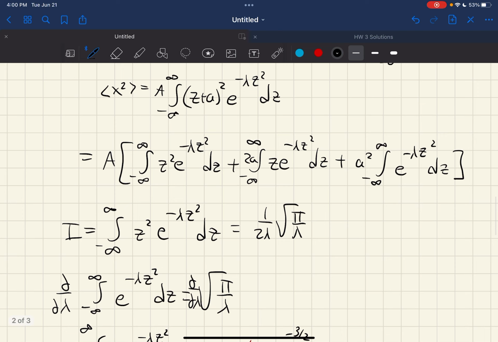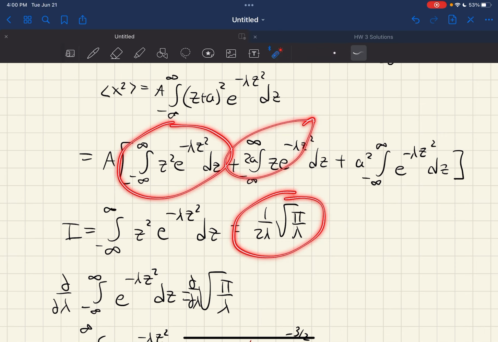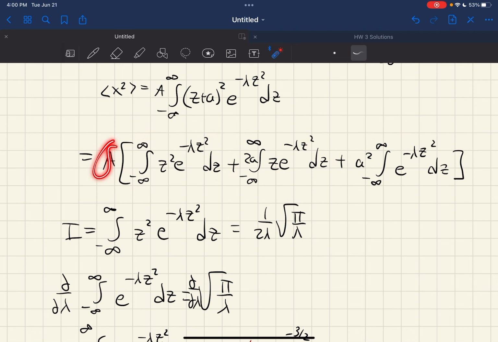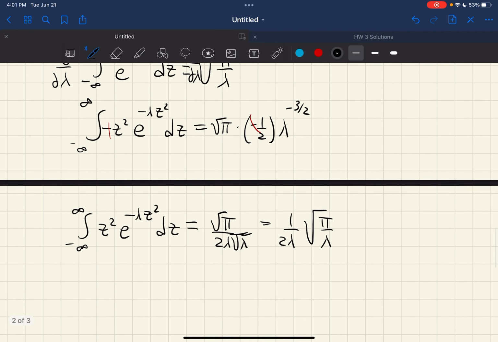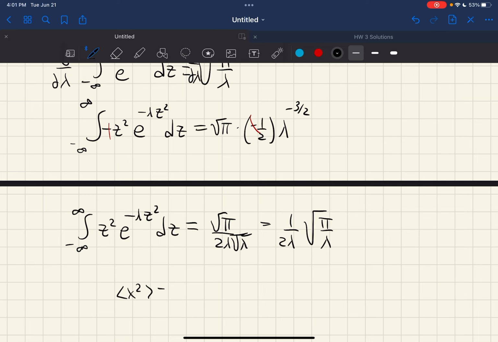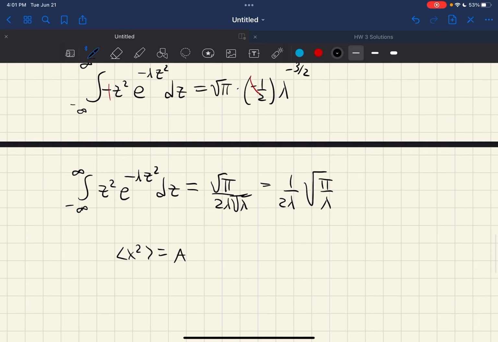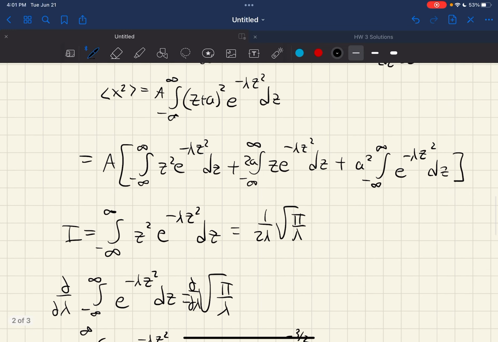So now all we need to do is just substitute this value in here, and this is 0, and we know this value, and then we just multiply it all by a. So the expectation value of x squared is going to be a times, and we can actually just take this root pi over lambda to be 1 over a.